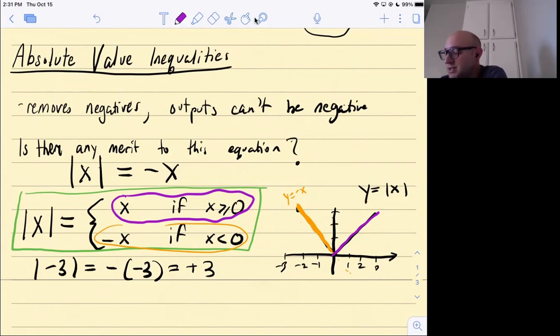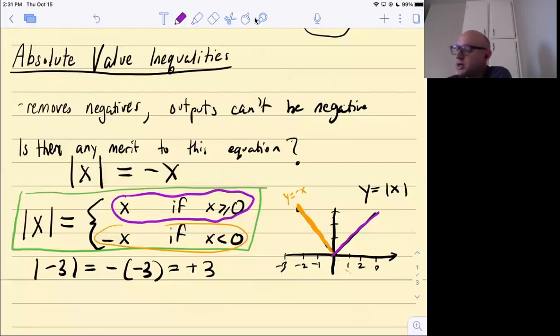If it's positive, it stays positive. That's the purple part. And if it was negative, you switch it and make it positive. That's the orange part. So that's the one definition that I'm sure you've worked with. Maybe you haven't seen the piecewise definition, but I'm sure you've seen the main idea.